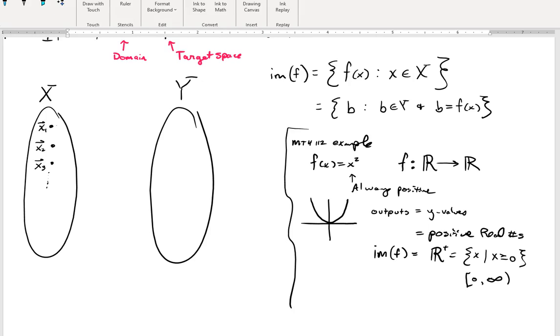So we got a bunch of Y values. The function is what maps them to each other.